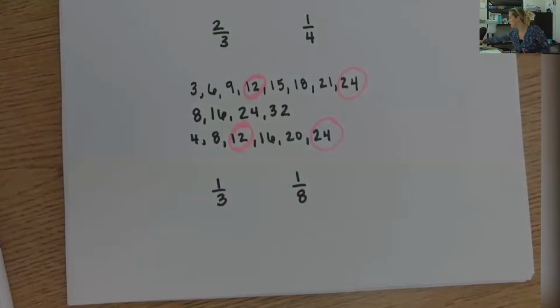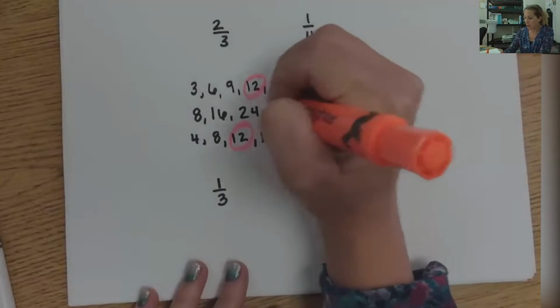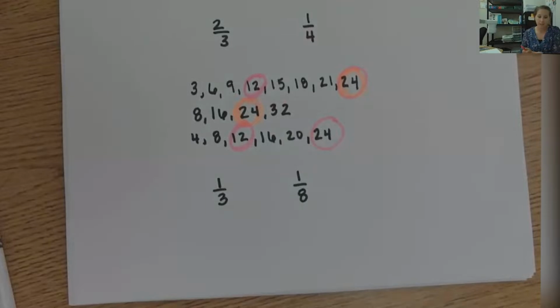I'm going to circle these ones in a different color. What is a common multiple that 3 and 8 have in common? That's right. 24 is on both lists. So a common denominator for 8 and 3 is 24.